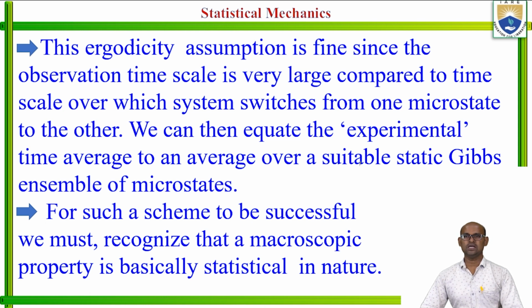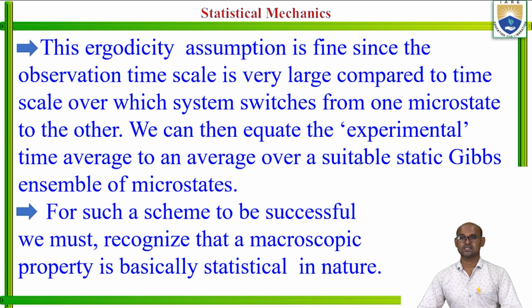I am going to collect all the microstates available for this physical system and call this an ensemble of microstates. I take the average suitably over this ensemble and compare this ensemble average to the experimental time average.